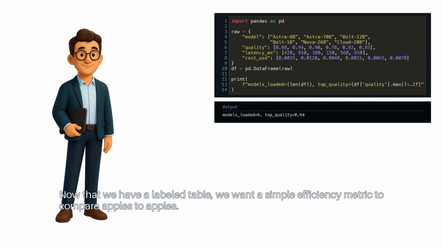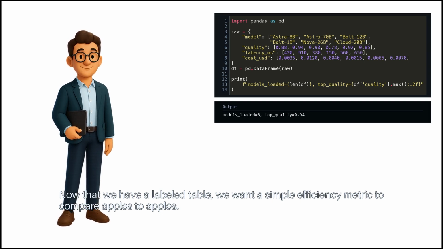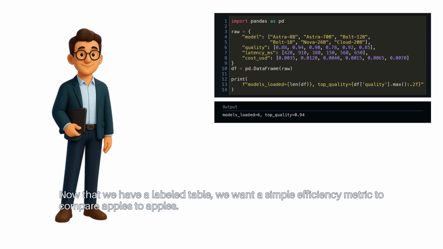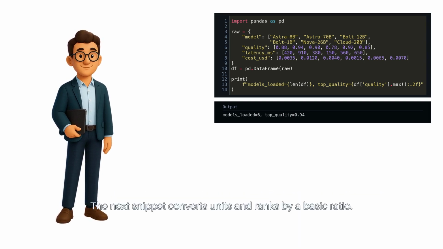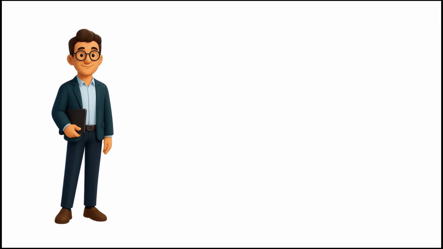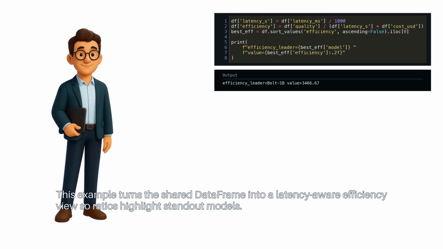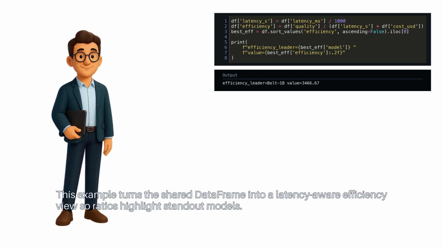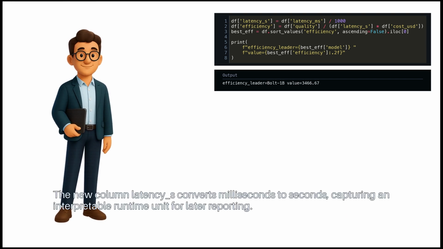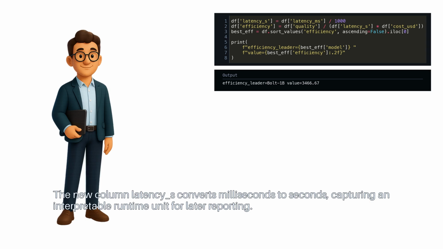Now that we have a labeled table, we want a simple efficiency metric to compare apples to apples. The next snippet converts units and ranks by a basic ratio. This example turns the shared data frame into a latency-aware efficiency view, so ratios highlight standout models. The new column, latency_s, converts milliseconds to seconds, capturing an interpretable runtime unit for later reporting.